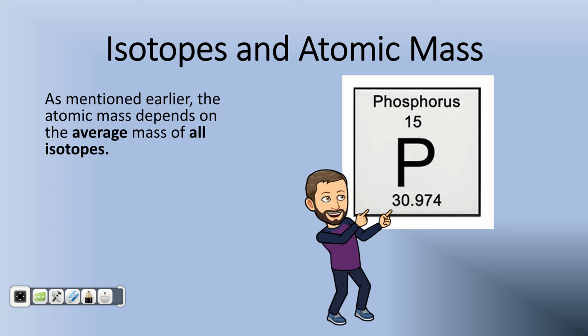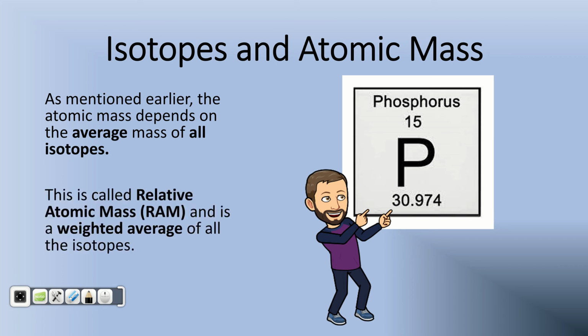This comes from the averaging of all of the different isotopes that are present for phosphorus, okay? And this is another name for it: we call it the relative atomic mass. A lot of times we ignore the term relative, but for this we do say it because the idea of relative is that it's an average of all the different isotopes, and it's a weighted average. You probably know what weighted averages are.